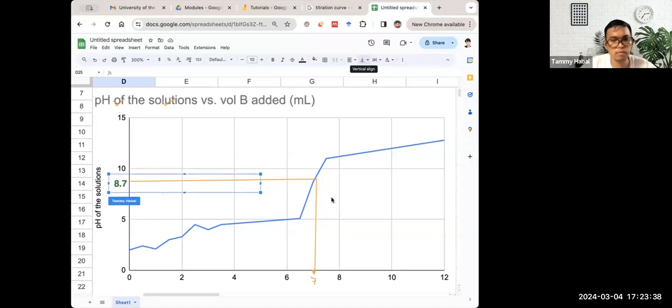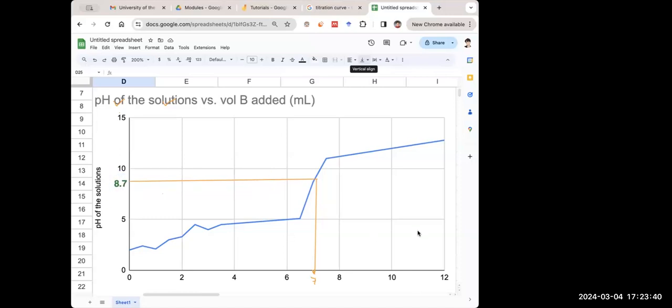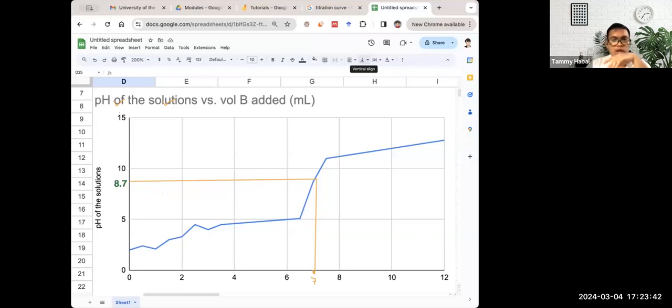Naintindihan? Oh, yan na. Ganyan lang papakita nyo sa module. So, we still have 7 minutes. Gusto sana kita pagawan ng sample problem. I guess pwede naman. Teka.